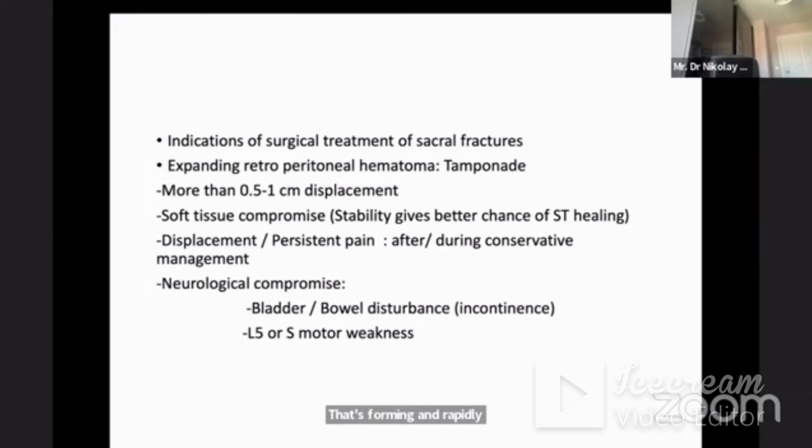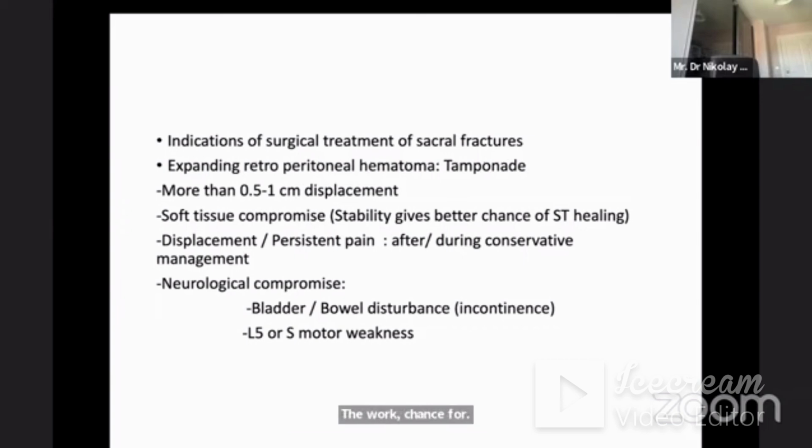If there is more than 1 centimeter displacement, if there is a soft tissue compromise, because there is usually a lot of affection of the soft tissues around the pelvis and the spine, and the more stability you can give, the more chance for soft tissue to heal.